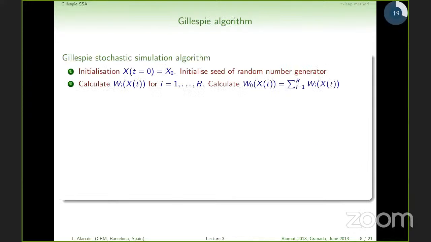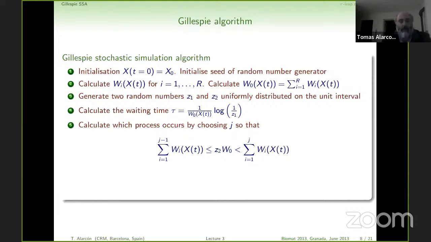Now here you have tau, and now you have j, and then you can just update the state of the system.